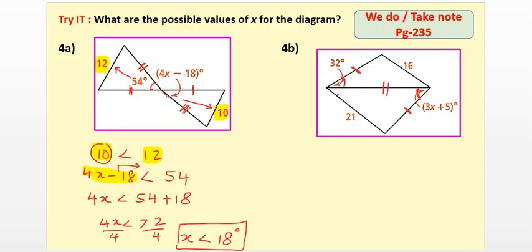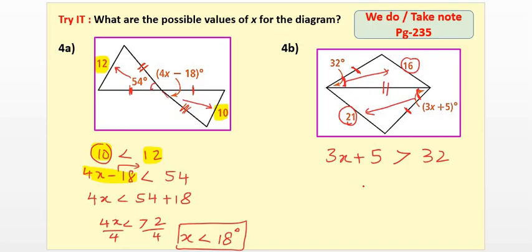Across from the included angle, this 32 has opposite to it the side 16, and this 3x plus 5 has opposite to it 21. Clear? So 3x plus 5 will be greater than 32, because 21 is greater than 16.